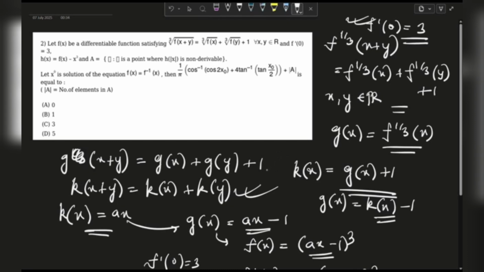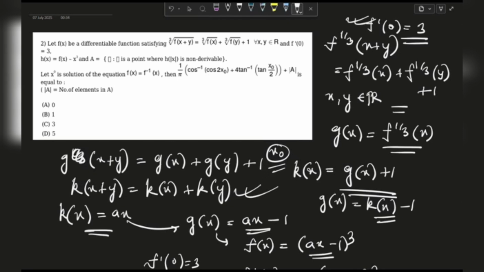Something of that sort. And then we also have another thing, let x naught, I guess, be a solution of the equation f of x equal to f inverse x, and then we have to find this. Okay, it's not x power 0, it's x naught.